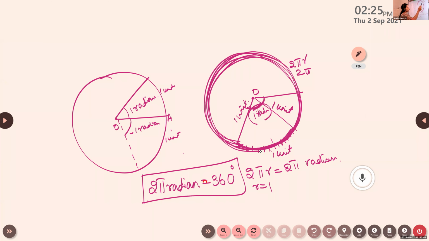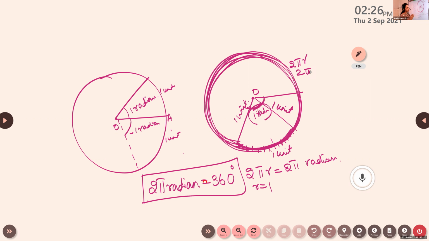Like that, if you consider the full circle, what is the circumference of the circle? 2 pi r, where r is 1. So an arc length of 2 pi will subtend 2 pi radians.